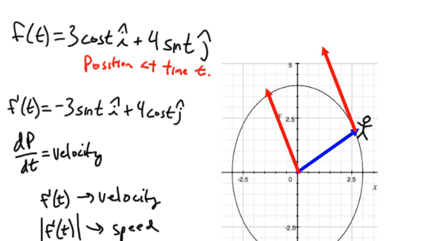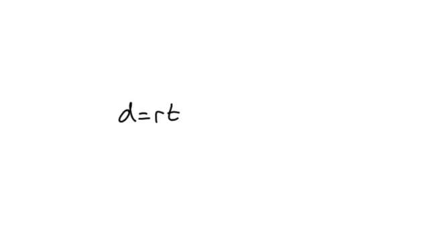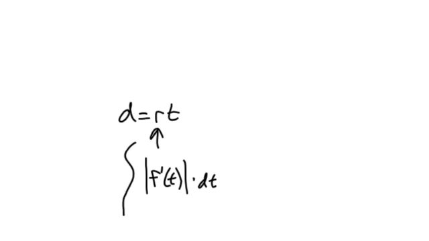Okay, so this brings us to a pretty natural conclusion. Since we know that distance is equal to rate times time, and our speed is the magnitude of f prime of t, times a small amount of time dt, if we integrate that from, say, t1 to t2, then we have our distance.